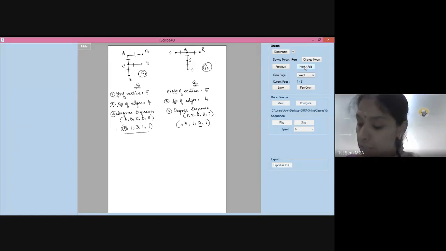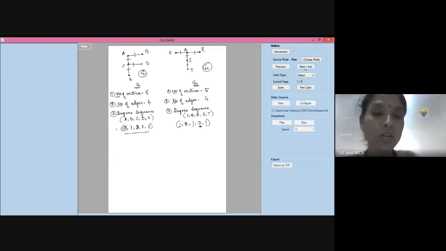There are 3 vertices of degree 1 in G1 and 3 vertices of degree 1 in G2. There is 1 vertex of degree 3 in G1 and 1 vertex of degree 3 in G2. This is what we say the degree sequence of both the graphs are same.